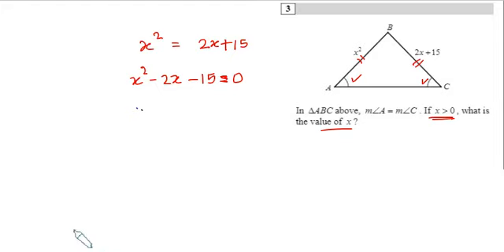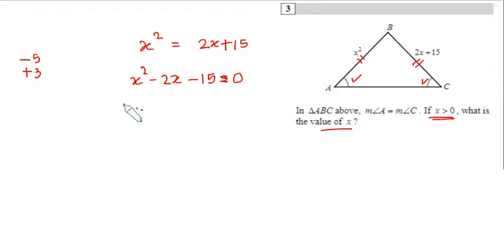If you have any confusion, refer to my topic on how to solve a quadratic equation. Right now I am going to solve this. The factorization method says you have to find two numbers whose sum is -2 and whose product is -15. So those two numbers will be -5 and 3.